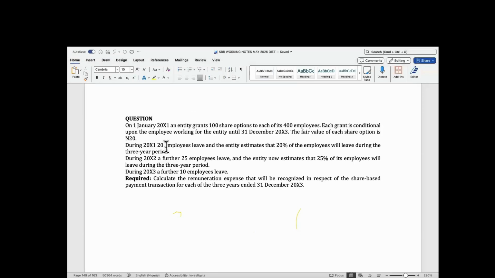During 2001, 20 employees leave, and the entity estimates that 20% of the employees will leave during the 3-year period. During 2002, a further 25 employees leave, and the entity now estimates that 25% of its employees will leave during the 3-year period. During 2003, a further 10 employees leave. Required: calculate the remuneration expense that would be recognized in respect of the share-based payment transactions for each of the 3 years.